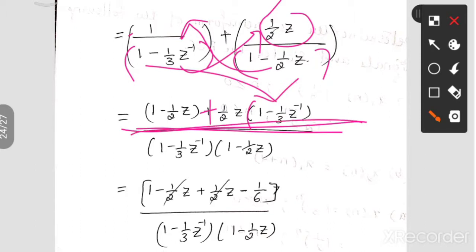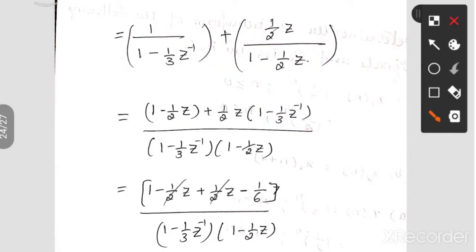So simplify this term. 1 minus 1 by 2 z as it is, plus 1 by 2 z taken inside, that is 1 by 2 z minus 1 by 2 into 1 by 3, which will be 1 by 6. z into z inverse will be 1.